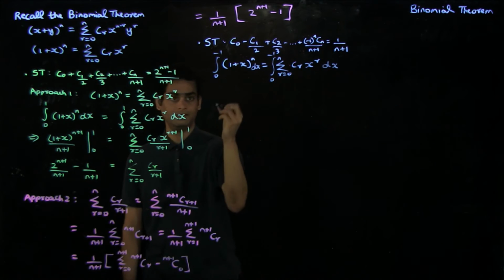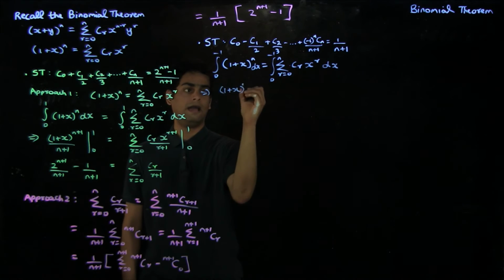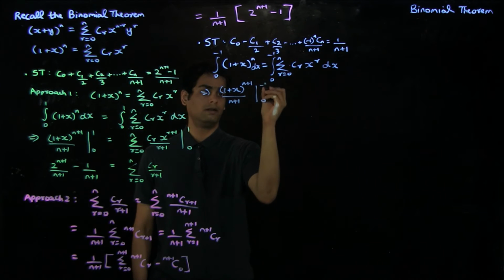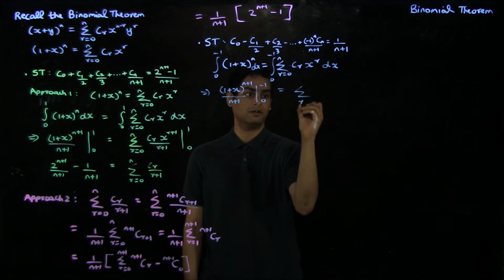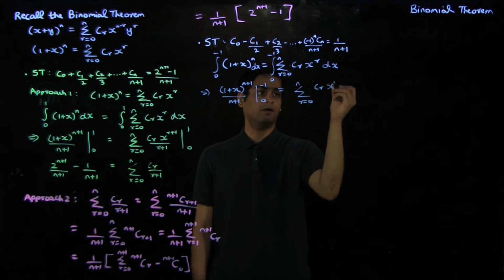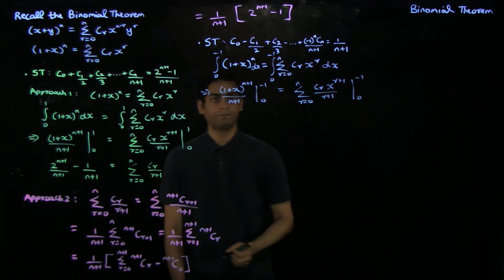Once again, you can evaluate the integral on the left hand side. This turns out to be 1 plus x to the whole power n plus 1 over n plus 1, evaluated between 0 and minus 1. And the right hand side once again can be evaluated to be summation r equal to 0 to n nCr x power r plus 1 over r plus 1 evaluated between 0 and minus 1.